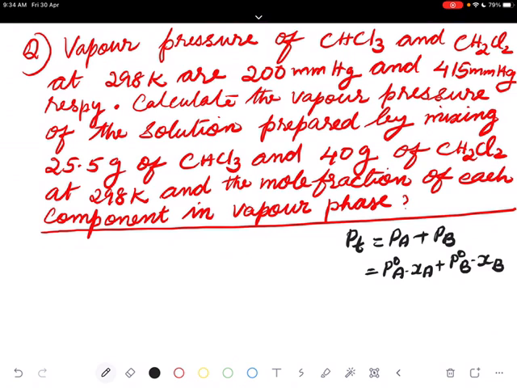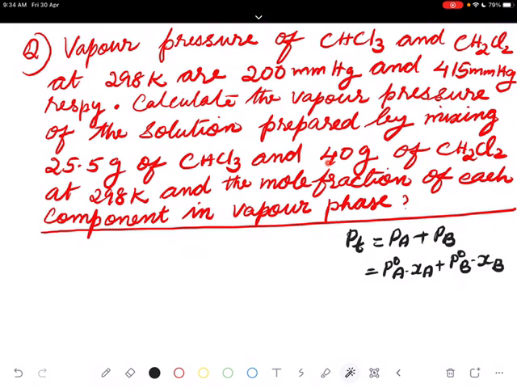P naught A is given, P naught B is given, XA and XB you can find out from this 25.5 and 40. You find out only XA or XB, and one minus that will give the other one.